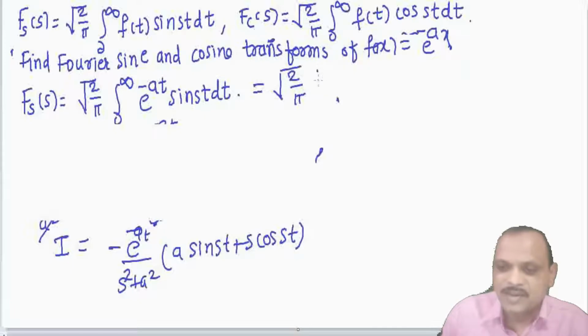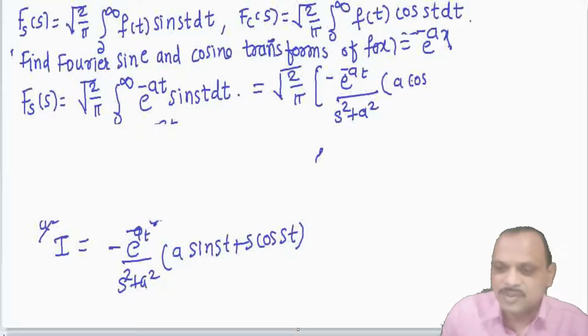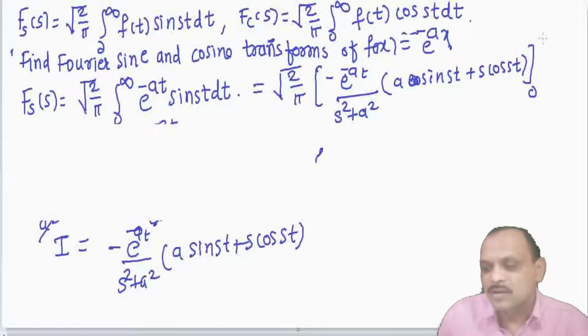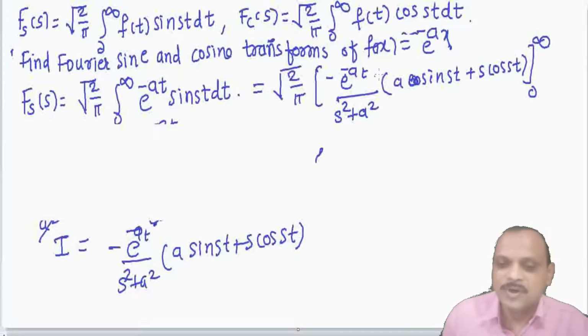Write in the limit minus e raised to minus at divided by s square plus a square into a sine st plus s cos st, whole from 0 to infinity. Now at infinity we can see the whole value is 0, due to this e raised to minus at, all other terms being oscillating. Hence at the upper limit we get 0.